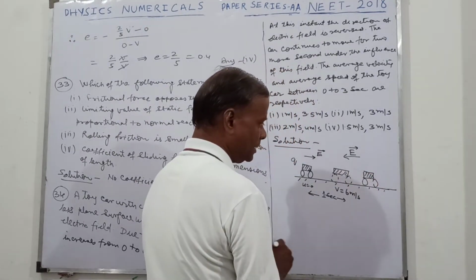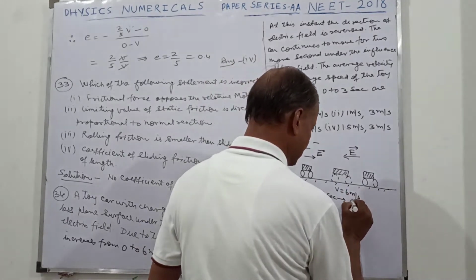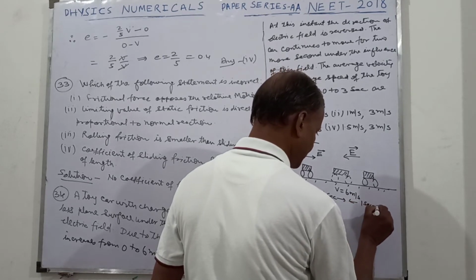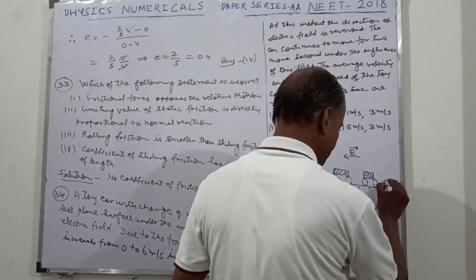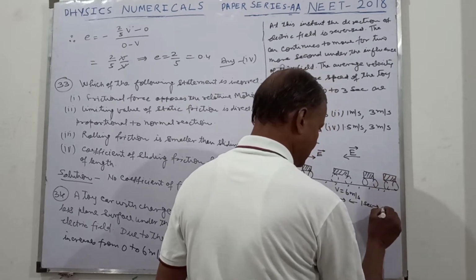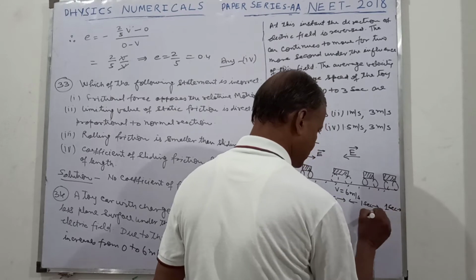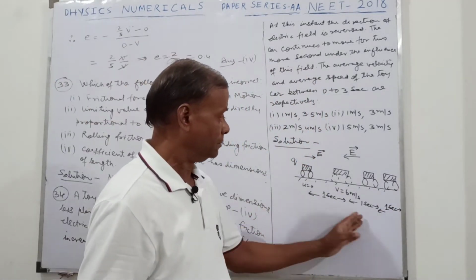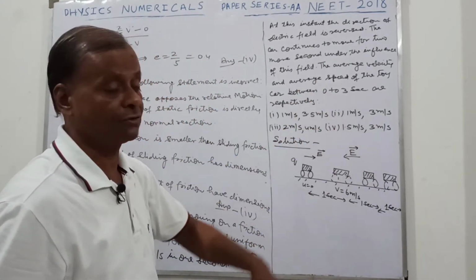It moves again for, suppose, 1 second, and then for the next, this is also for 1 second. So now we have to find the average speed and average velocity.